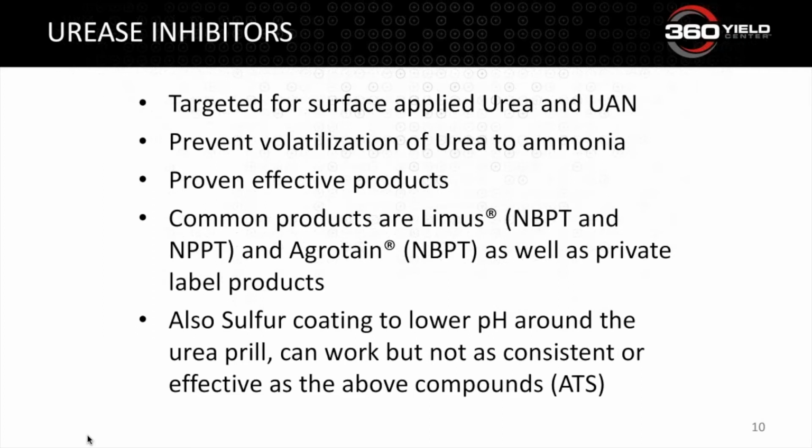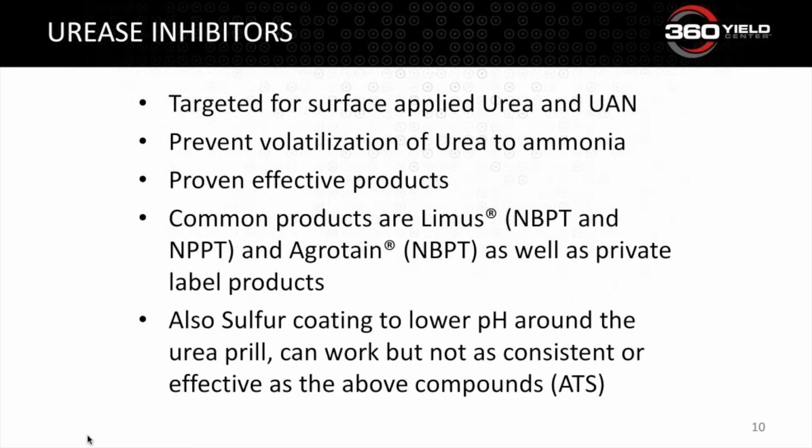I get a lot of questions about sulfur coating of urea as well. It works. Here's how it works. If you remember when I talked about urea hydrolysis, I said higher pHs will drive that process faster. Well, lower pHs will drive it slower. Sulfur, as it dissociates, creates a weak acid.